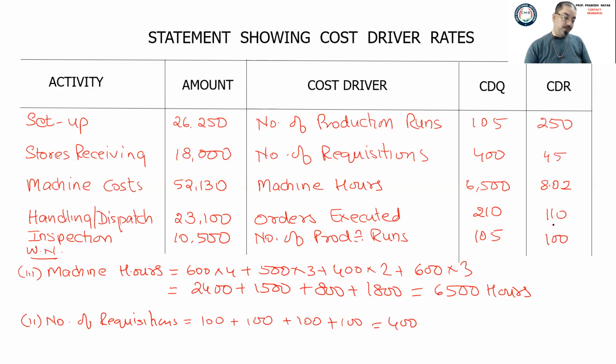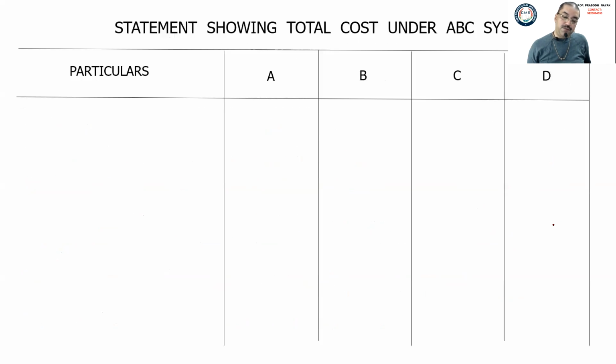Okay. Now, with the help of this, I will prepare a statement showing total cost under the ABC system. Particulars in 4 columns.